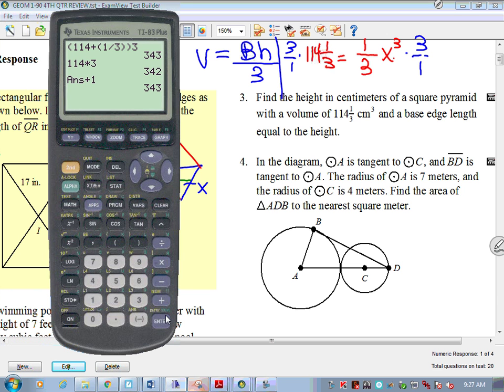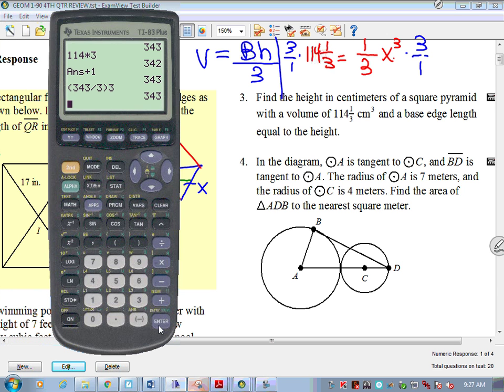So what that gives you is 343 over 3, right? So we would take 343 divided by 3 times 3. We get 343 because the 3's cancel out.